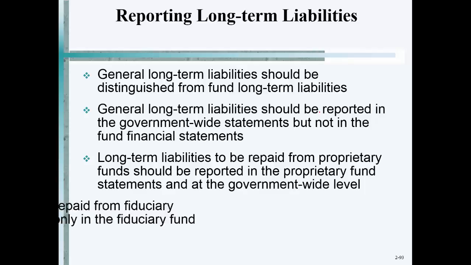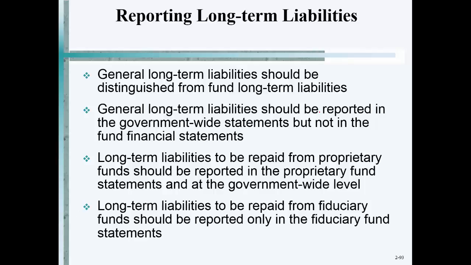Long-term liabilities are what? Are reported at the government-wide level. Of course, since we're in full accrual accounting for the proprietary fund, we report our long-term liabilities. We're full accrual accounting for our fiduciary fund, so we report our long-term liabilities. How about our governmental funds? No long-term liabilities. No non-current items, right? Everything is going to be current there, right?